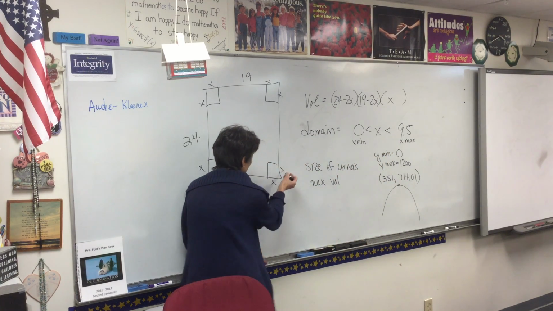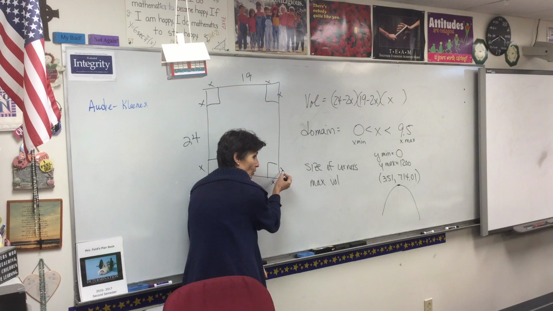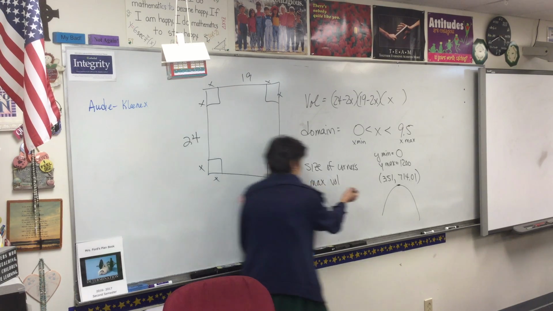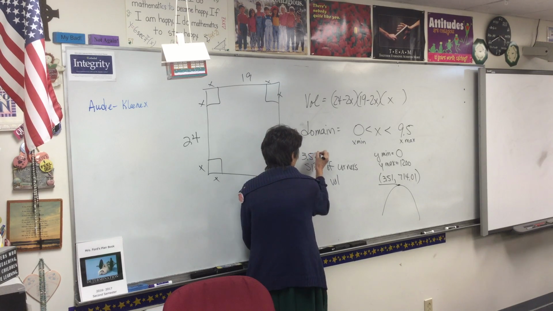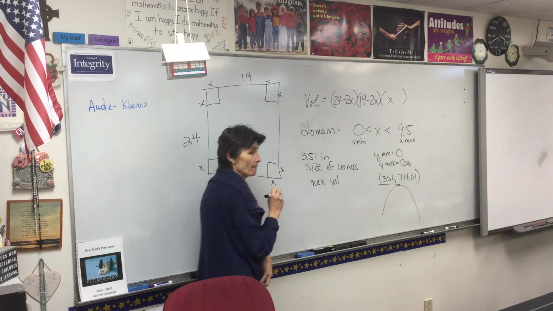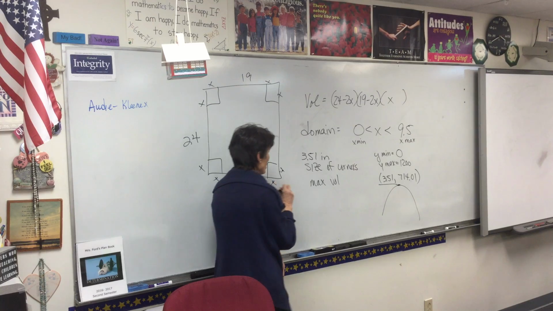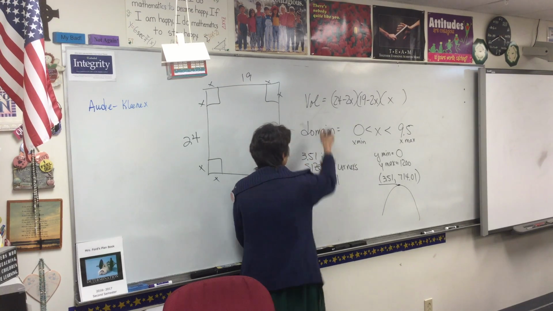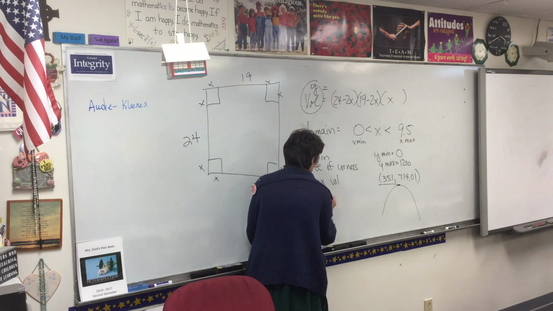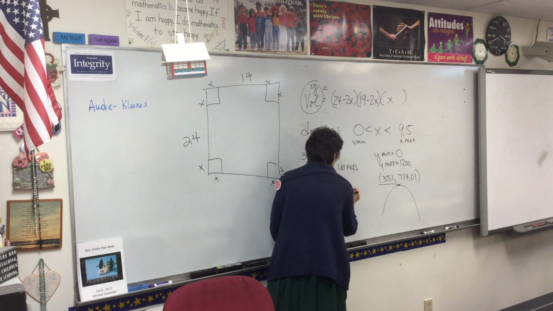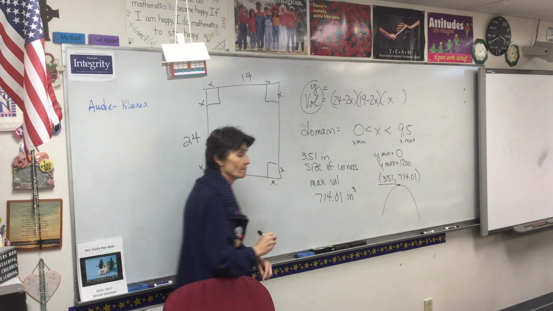If we want to know the size of the corners, then we want to know x, right? So that would be 3.51 inches. If we want to know the actual volume, that would be the y value, or 714.01 cubic inches.